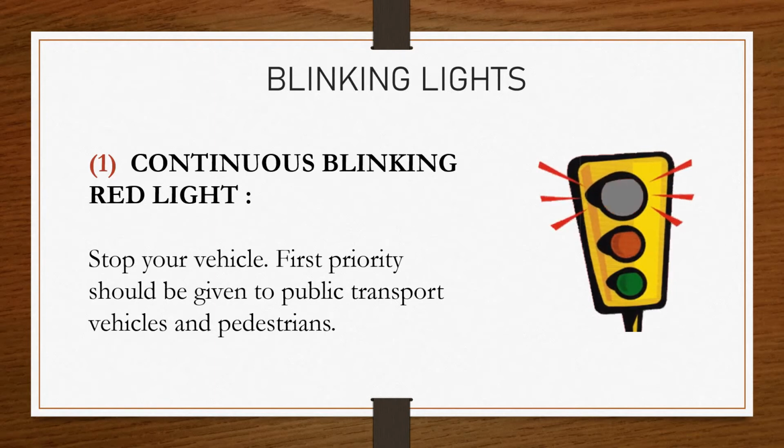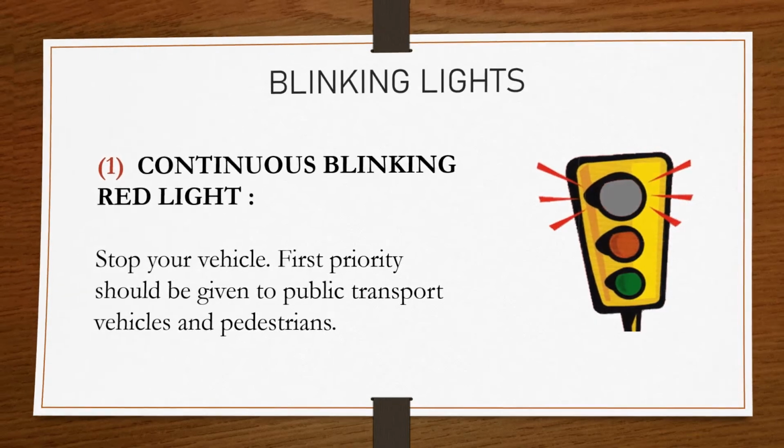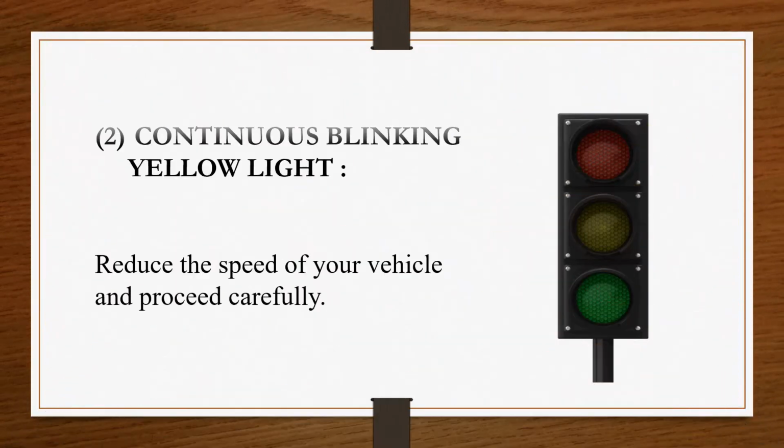We should give first priority to public transport vehicles and pedestrians. Continuous blinking yellow light. It means that you should reduce the speed of your vehicle and proceed carefully.